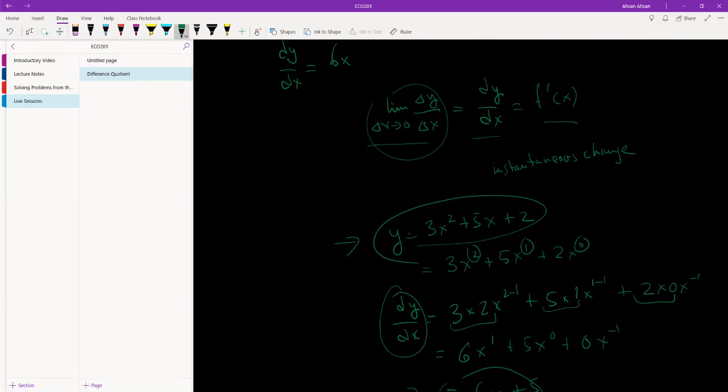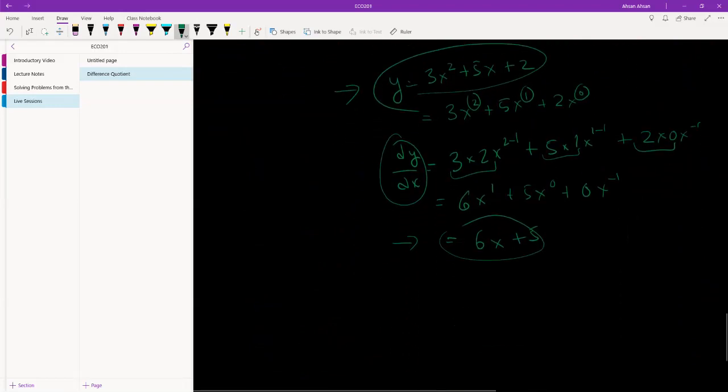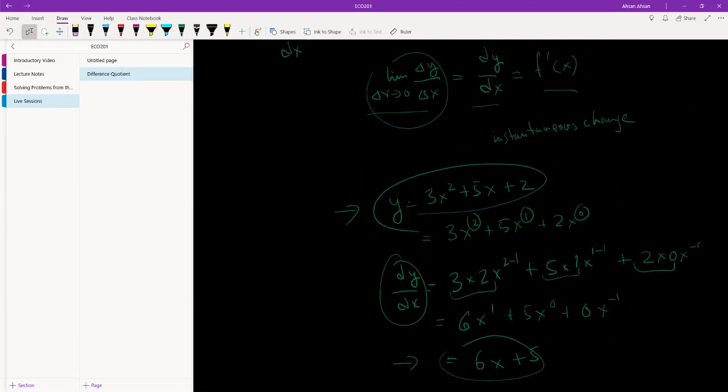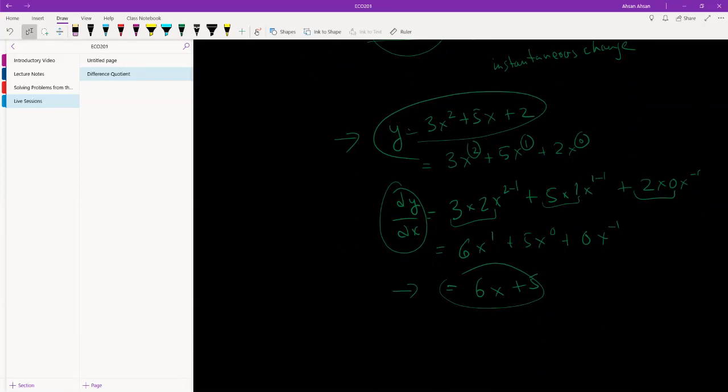During this course, this is probably the last time we're going to talk about difference quotient. We are going to stick to dy dx, the differentiation formula, because it's easier and quicker to do. But it is useful for you guys to know exactly how the formulas for differentiation are derived.